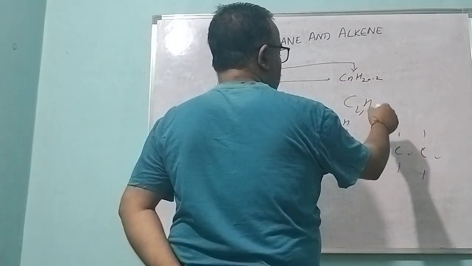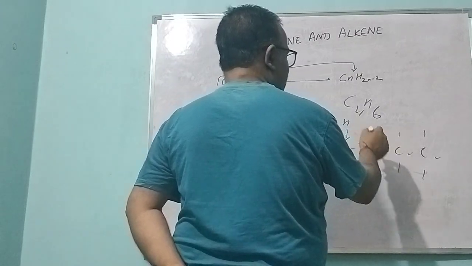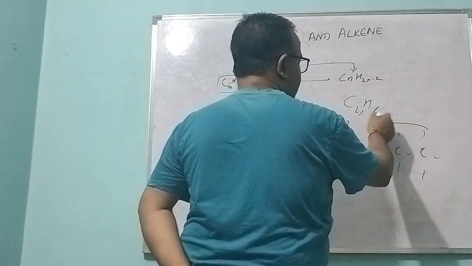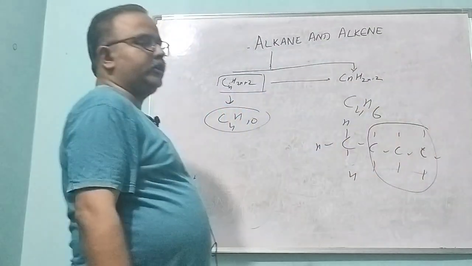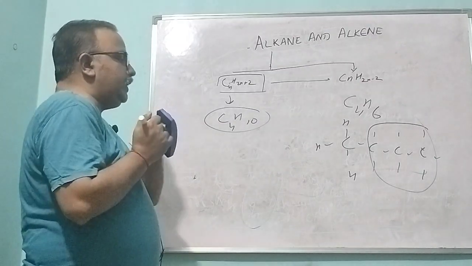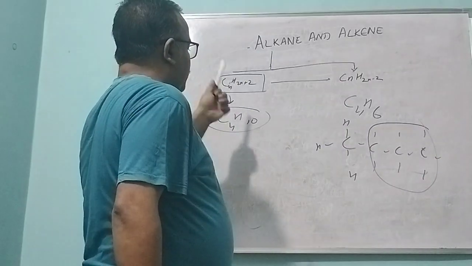See this? 1, 2, 3, 4, 5, 6. So we are covered with 6 hydrogen, but even then there are unshared electrons in carbon, which would lead to the formation of a new compound. So alkenes are primarily unsaturated and alkanes are saturated.